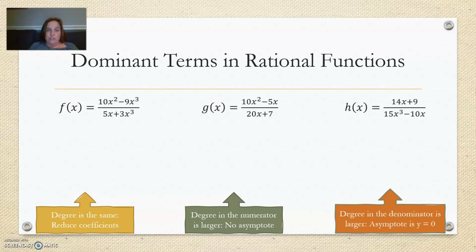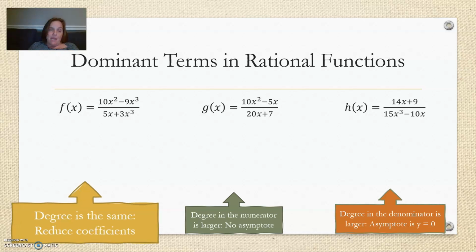In rational functions, these are just some examples of how to deal with those. The first function, f of x, the degree is the same. If I look at just the dominant terms in the numerator and the denominator, my dominant terms are the ones with the largest exponents. The degree here is the same.